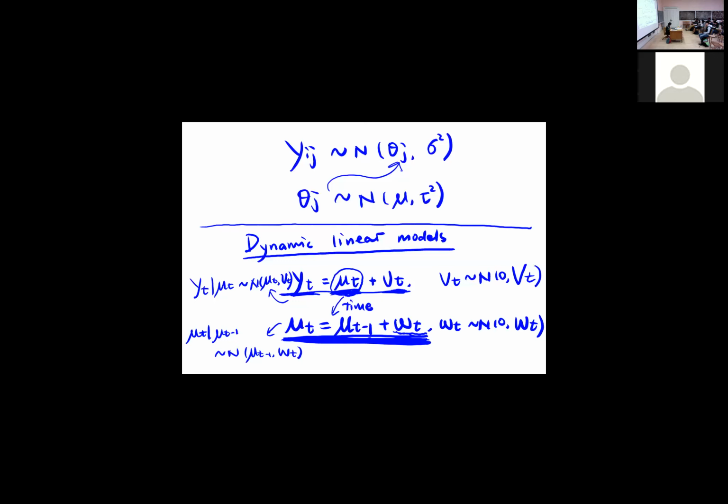And then this is going to be a normal. And then my actual observation is going to be another normal where the mean is going to be affected by the latent situation. Okay, so if you actually derive it, I don't remember exactly what they are, but if you actually try to get the variance of y_t, you will see that it's going to be the variance of v_t plus the variance of w_t together. Okay, you can think of this as nested normal in some sense, that the variability is added up in multiple ways.